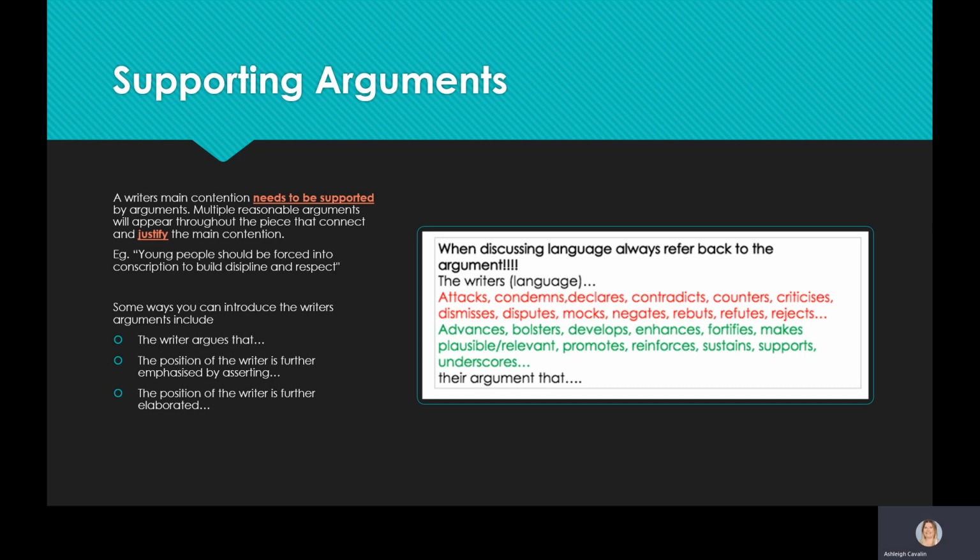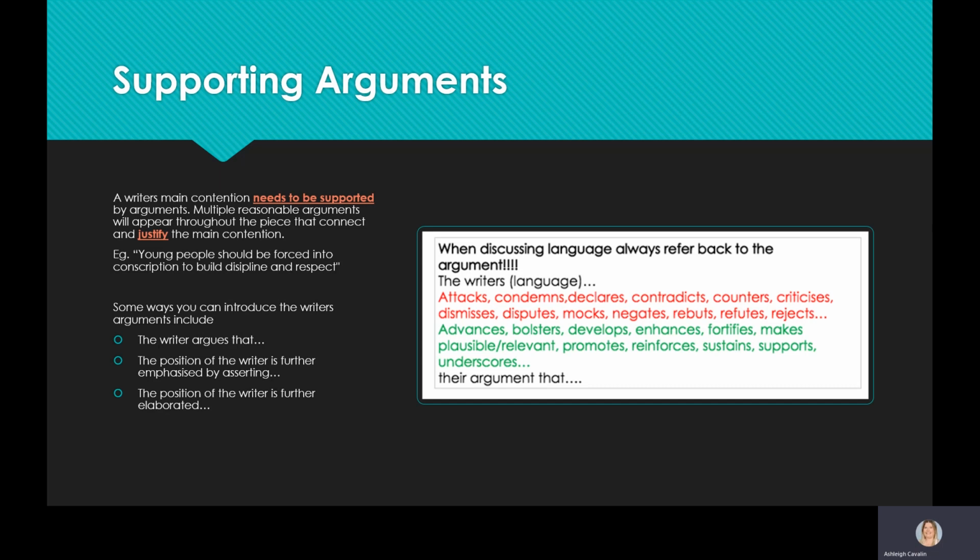Again, some language you can use to introduce the arguments. Most basically, you could say, the writer argues that young people should be forced into conscription to build discipline and respect. There are multiple other ways that you can say this and give more detail to how the argument is constructed.